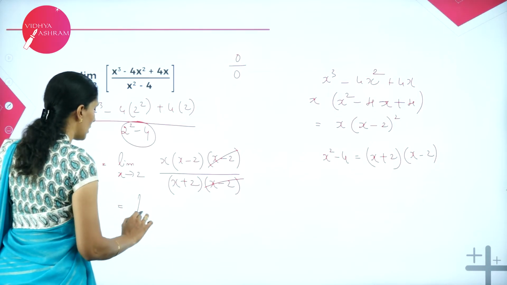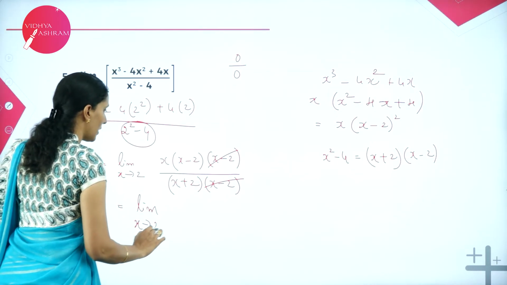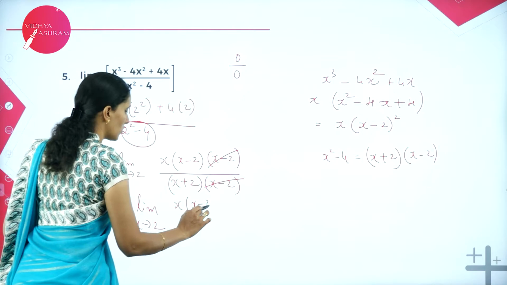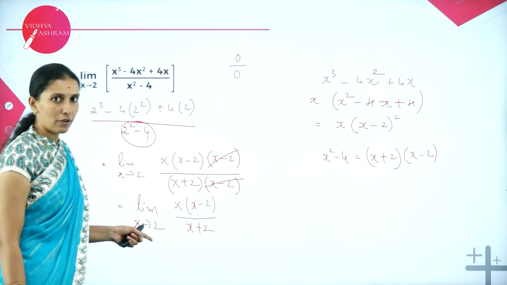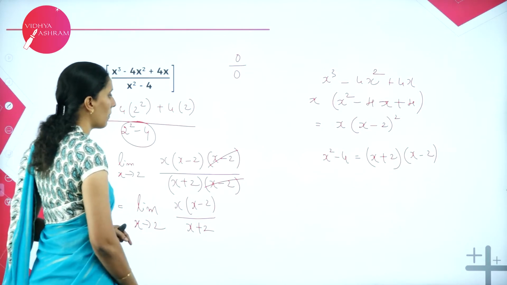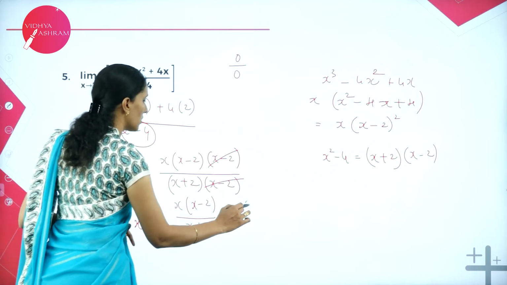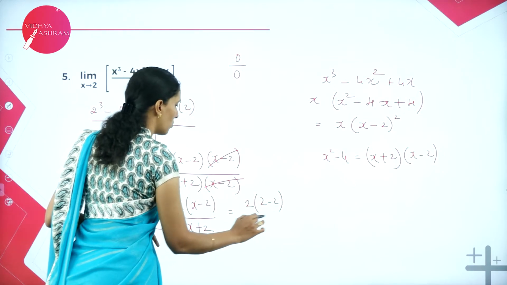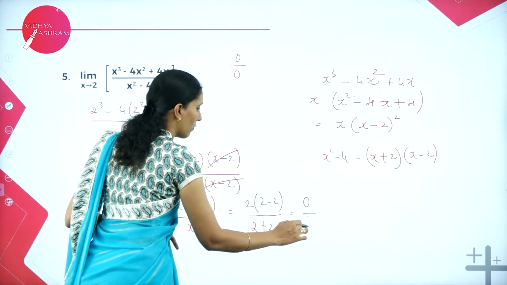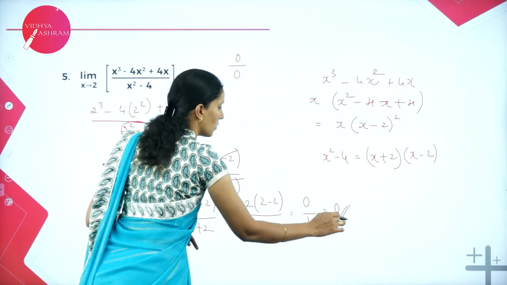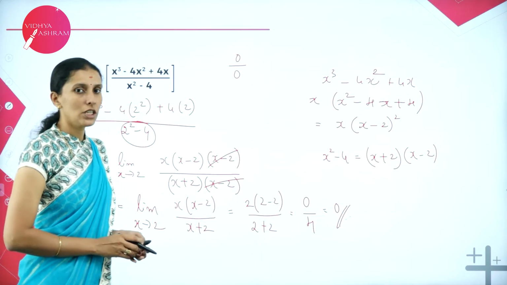Therefore, the limit of the function can be rewritten as x into x minus 2 by x plus 2. Now apply the value of x as 2. It is 2 into 2 minus 2 divided by 2 plus 2, which is equal to 0 by 4, which is equal to 0. So the limit of the function is 0.